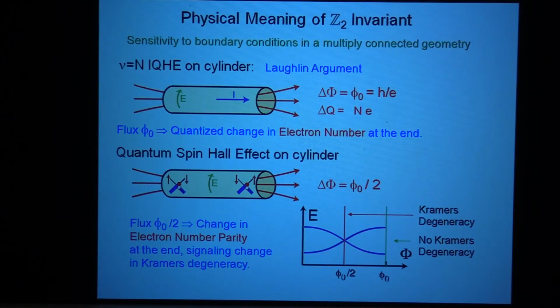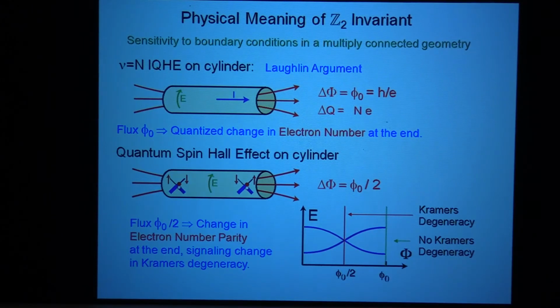And so what that means is that when you have the flux of h over 2e, you basically have time reversal symmetry. So there are two points where you have time reversal symmetry: at 0 flux, and at flux h over 2e. It's sort of like, in the Brillouin zone, you have time reversal symmetry at k equals 0 and at k equals pi. It's the same sort of thing.